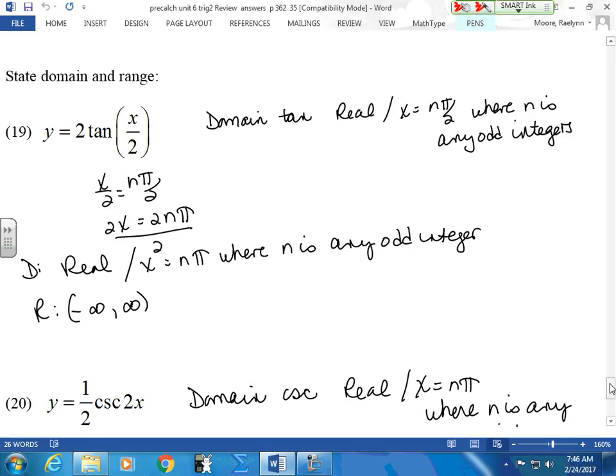So I need you to start again. Start with what is tangent? Tangent says real numbers except for x equals n pi over 2, where n is any odd integer. Okay, start like that. Take this and put it equal to that x. That's all you have to do. Don't worry about an amplitude, especially on a tangent.